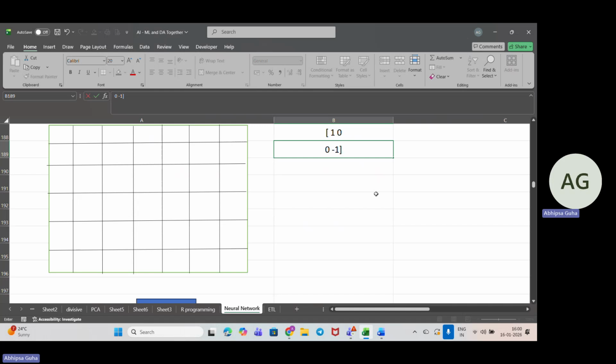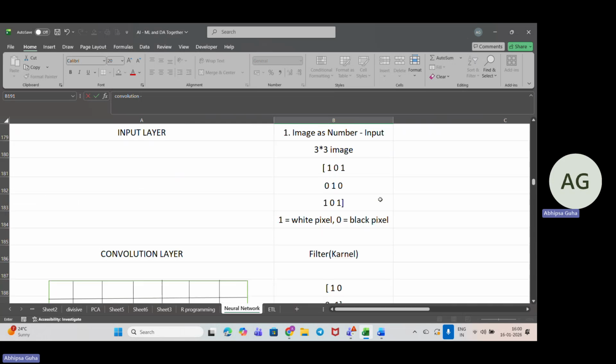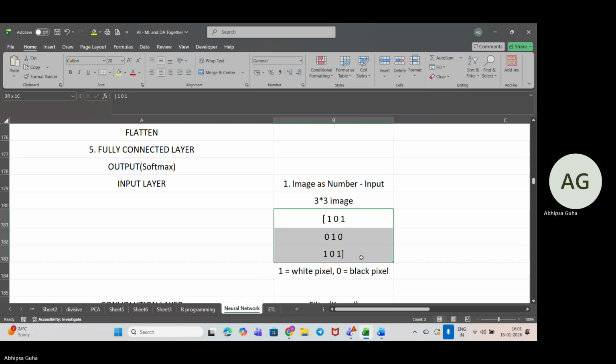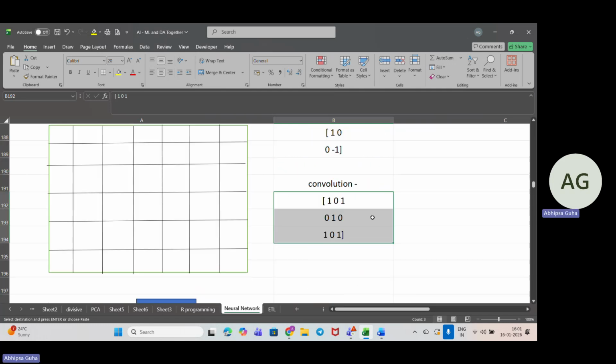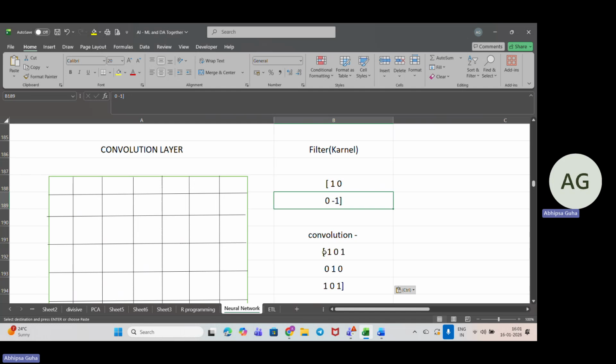Now we'll go through convolution step by step. I have this image, and this is my filter. It places the filter on the top left portion.